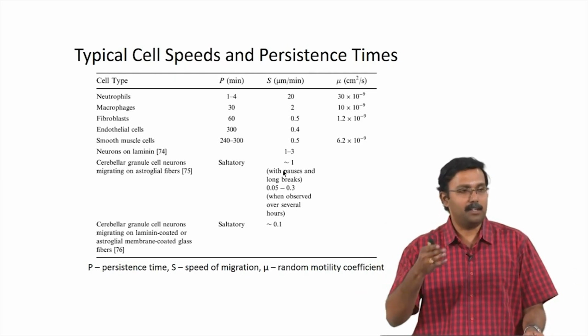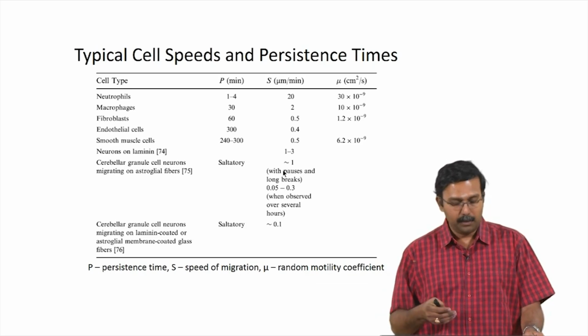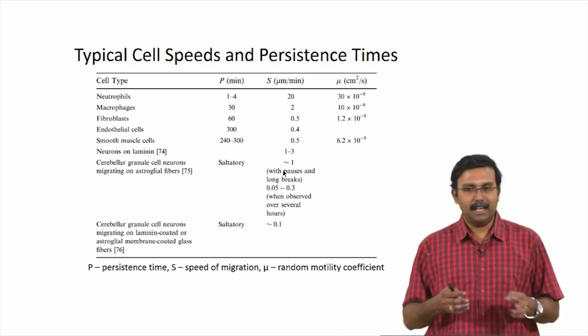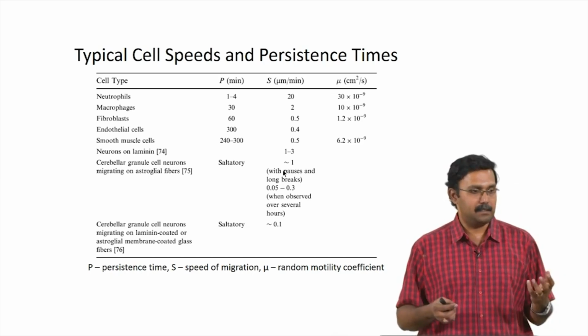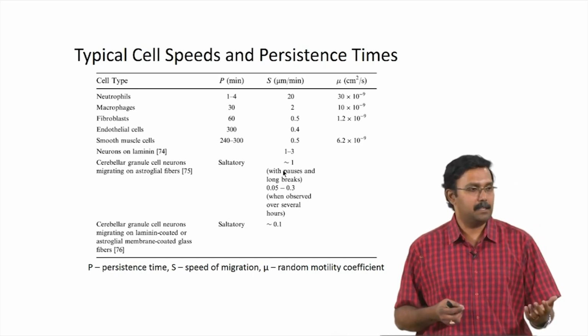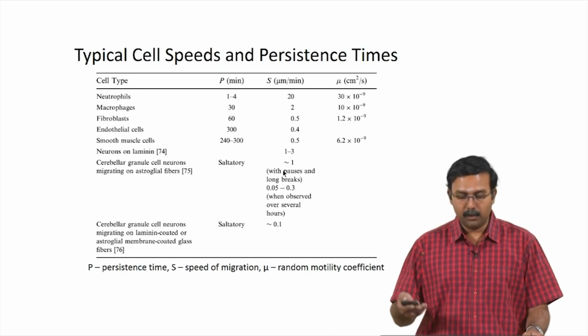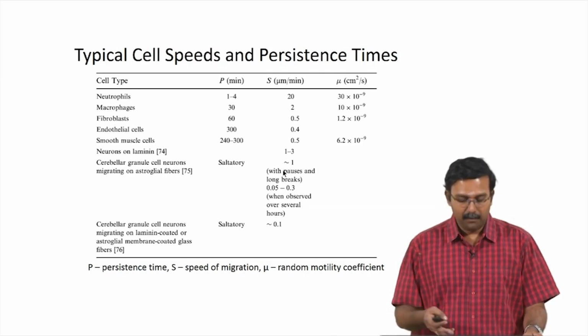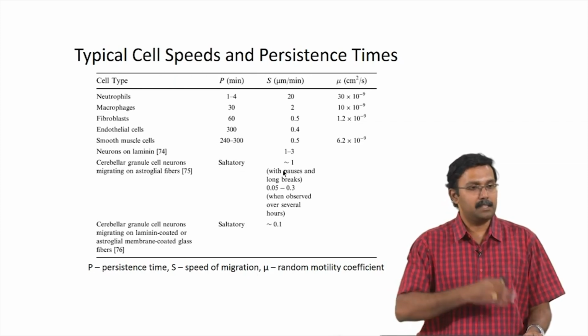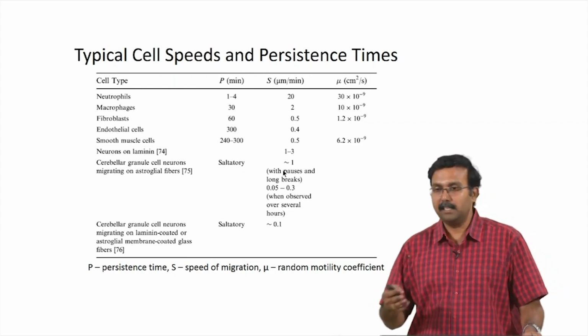They cannot just keep moving in one direction, whereas if you were to look at endothelial cells, they are actually not as migratory as these cells. They will have a much higher persistence time, and if you are looking at speeds, obviously the cells with lesser persistence times end up having higher speeds and so on.